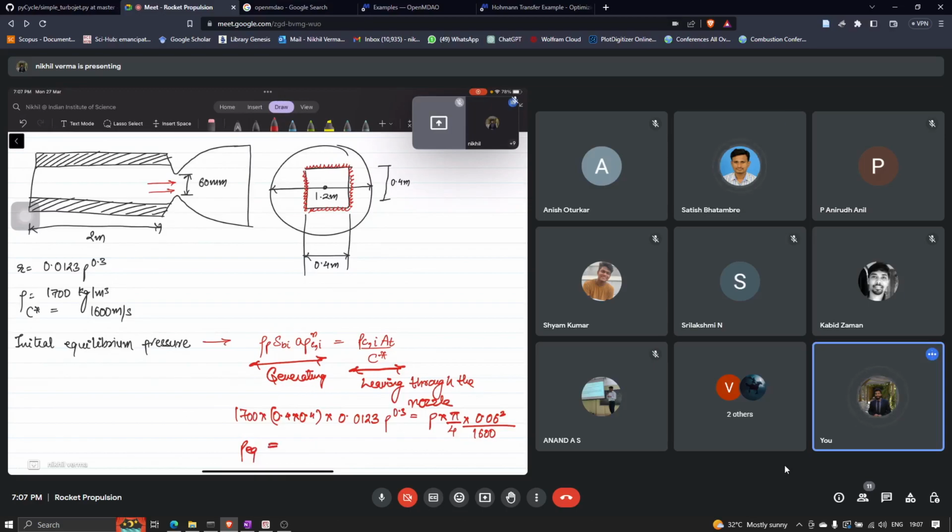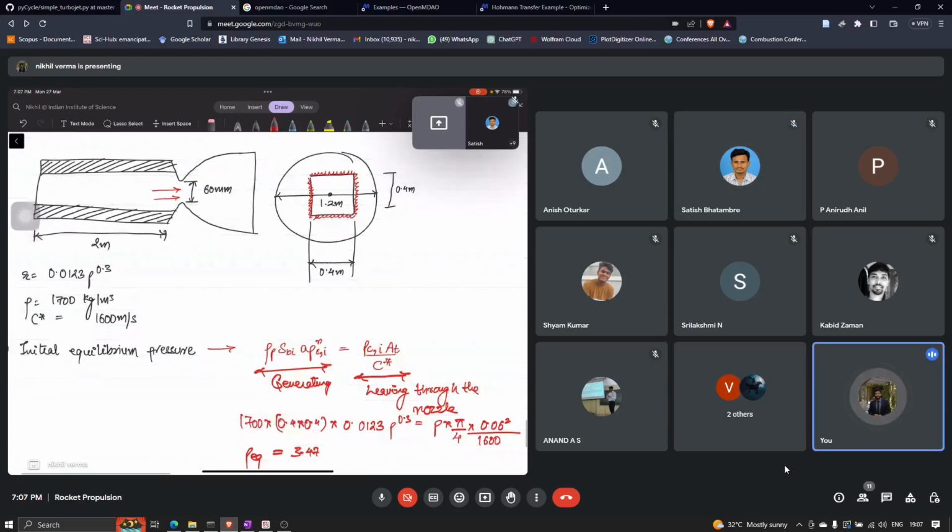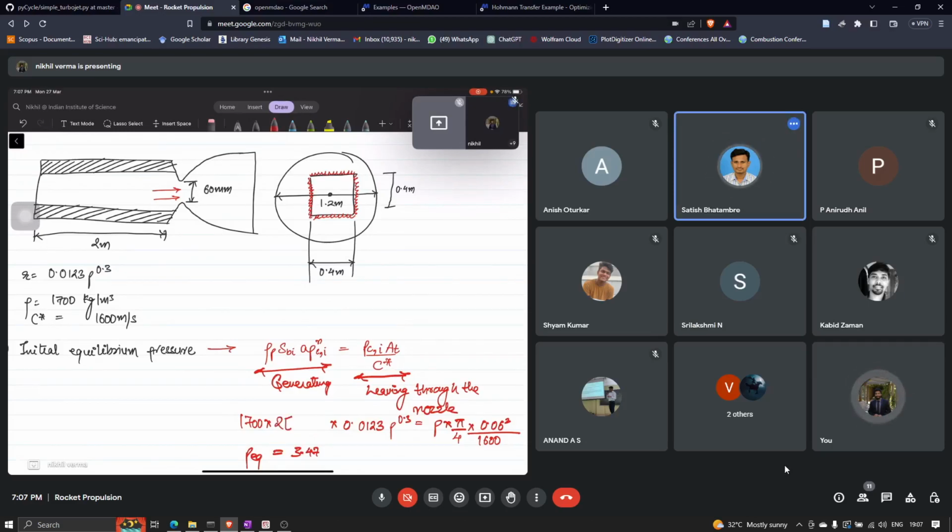Sir, burning surface area will take length also, no, sir? Oh yeah, you're right, correct. So this is 4 times 0.4 into 2, the perimeter times the length, right?